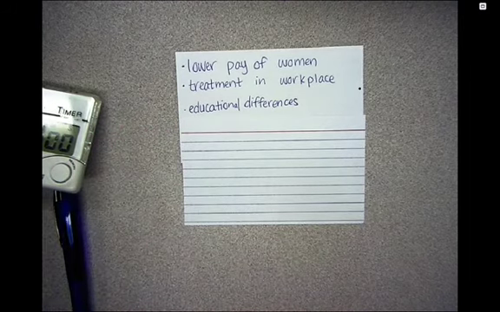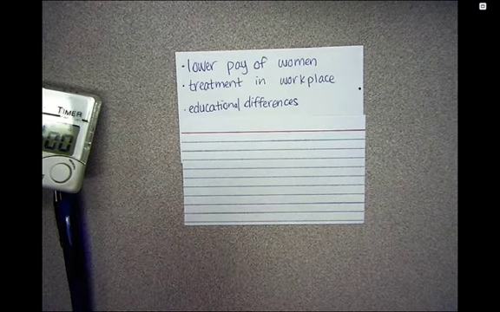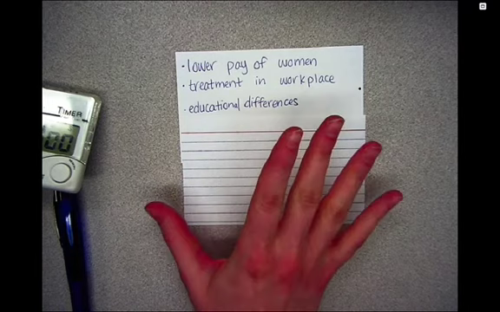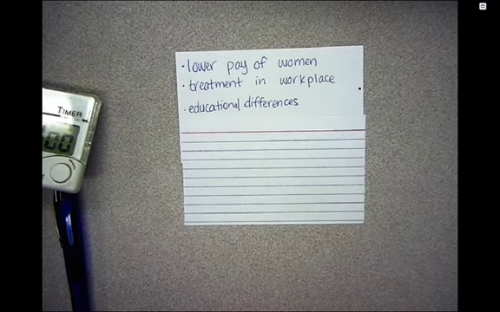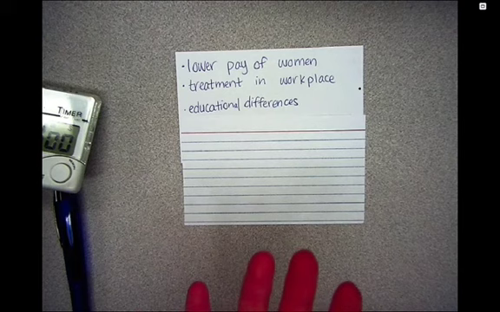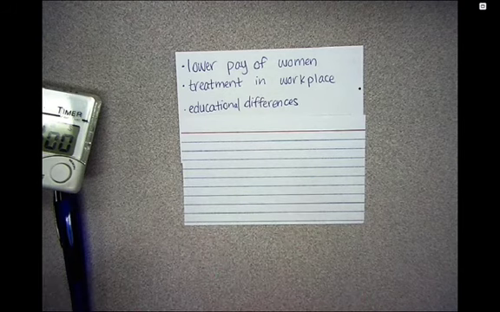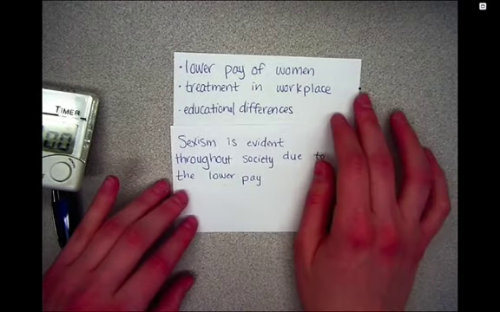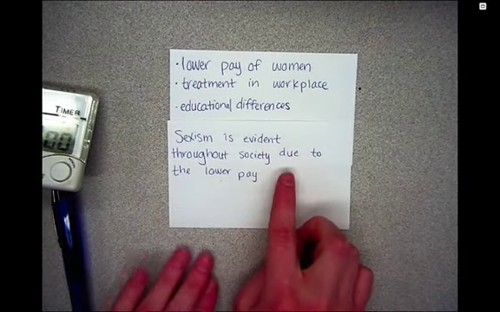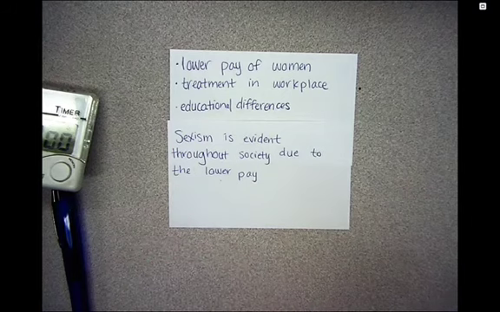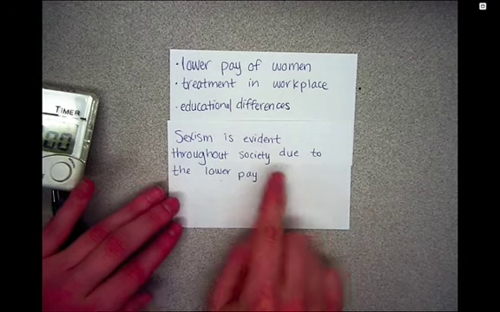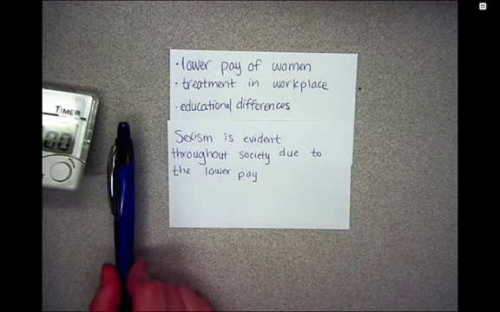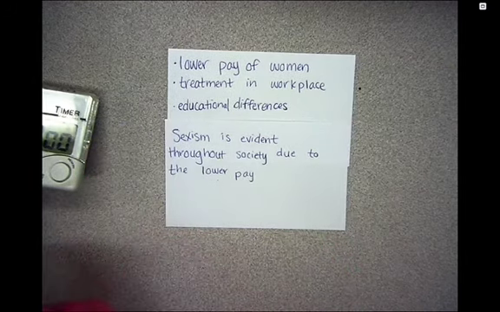I'm going to first need to start by talking about what my ism is. So I'll say what my ism is and make a claim about that. This whole model that I've been putting together is about how it's very evident, right, in our workplace or in our society. So I'll start out saying, sexism is evident throughout society due to, so my claim is that we have sexism in our society, and then it's due to lower pay of women, treatment in the workplace, and the educational differences.